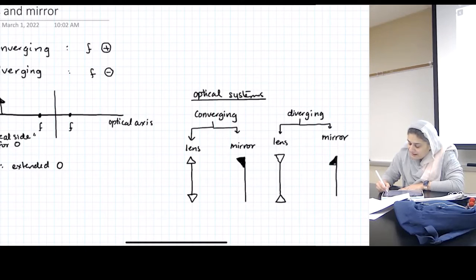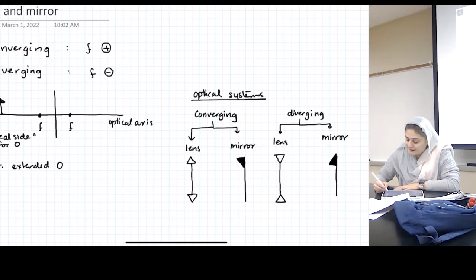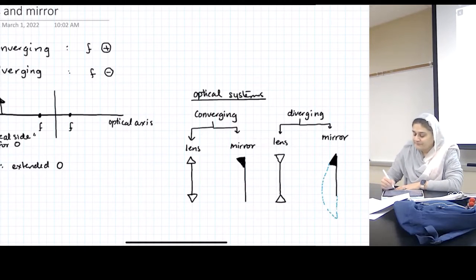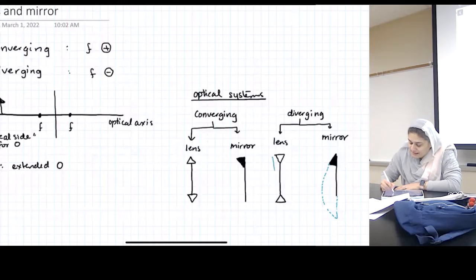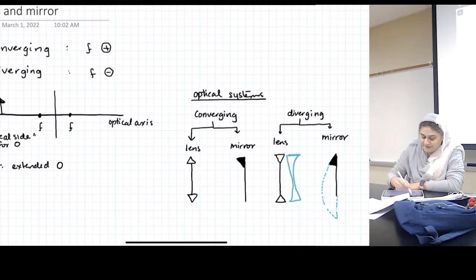This is why I tend not to think of it as concave and convex, because if you look at it, the mirror goes like this, and the lens actually does this. So a diverging lens does this. That's a bad picture.